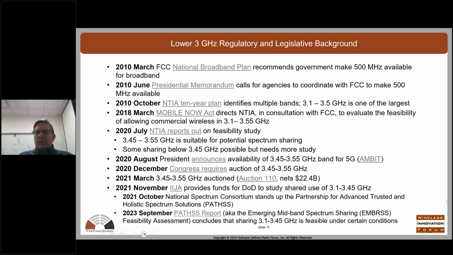Okay, so I'm not going to go through every one of these. I put these two slides, this one and the next one, in here mostly so that for those of you who download the slides, you have links to all of the primary documents that trace the history of how we got to where we are today in the 3 gigahertz band. And really, if you go back in the historical context, it really goes back to 2010, so 15 years ago when the FCC issued the National Broadband Plan.